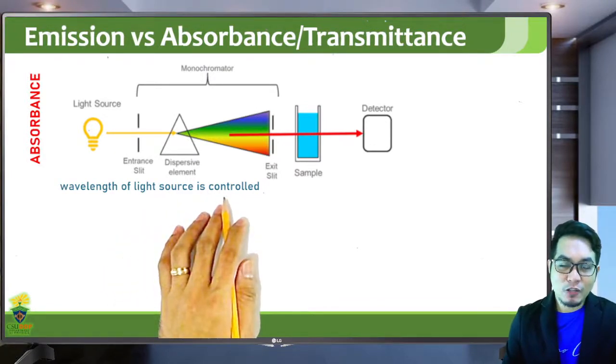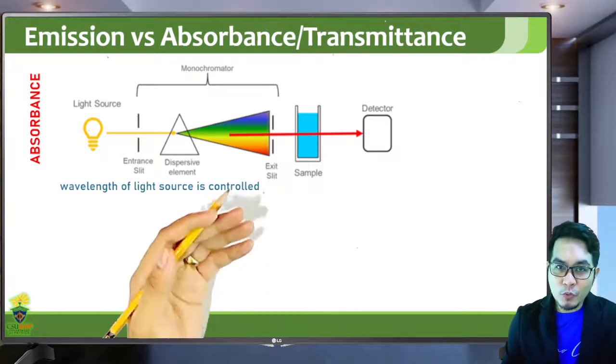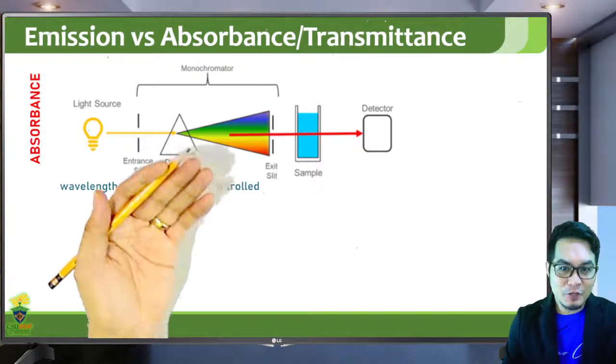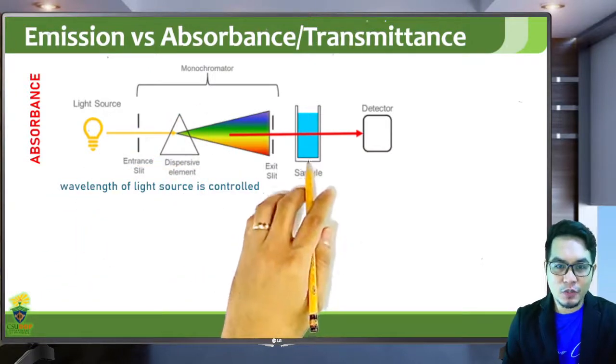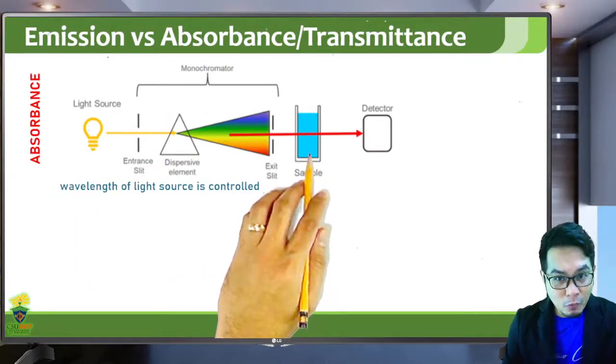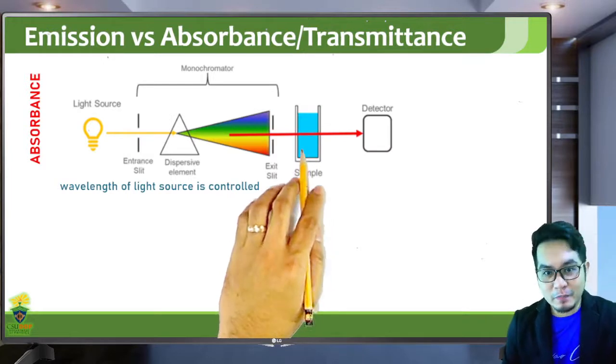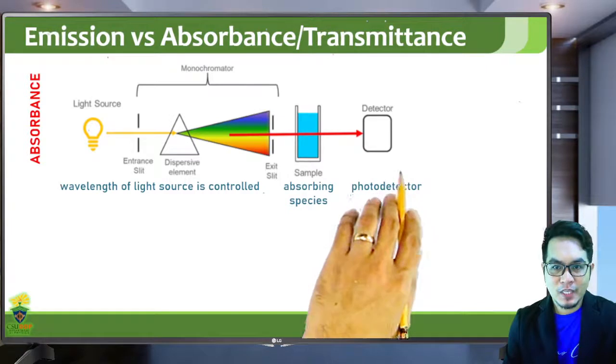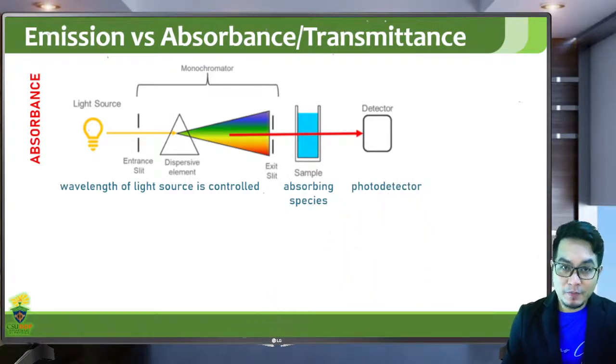You shine light on your sample, but you do it one wavelength at a time, one color at a time, and you scan it, and you find if that specific wavelength is absorbed or transmitted by your sample, which is your absorbing species, and then that will be detected by your photodetector.